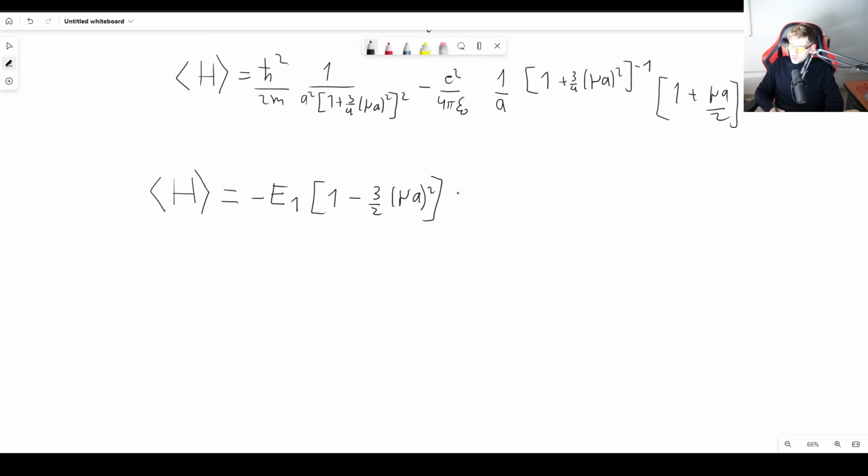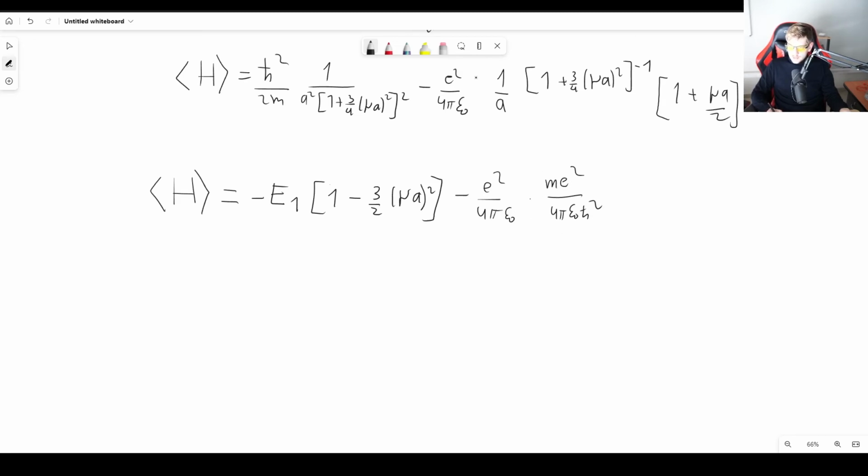So now we move on to this. So minus e squared over 4 pi epsilon 0 and 1 over a, but we know what a is, so let's plug it in. So a is mass of the electron times e squared over 4 pi epsilon 0 h bar squared. But this is twice the energy of the ground state of the electron, right?